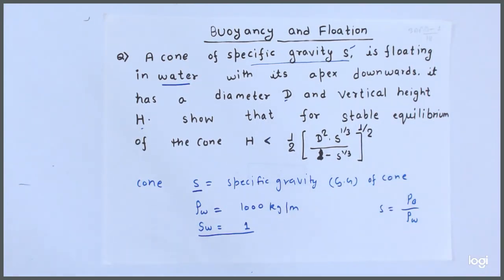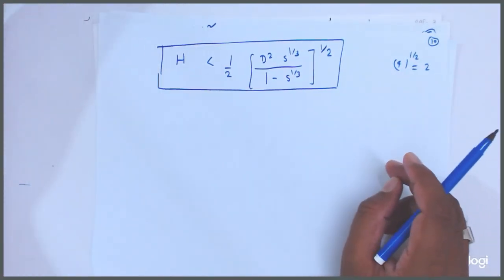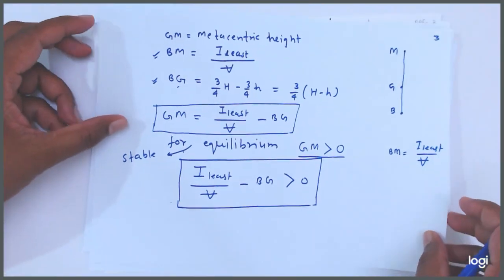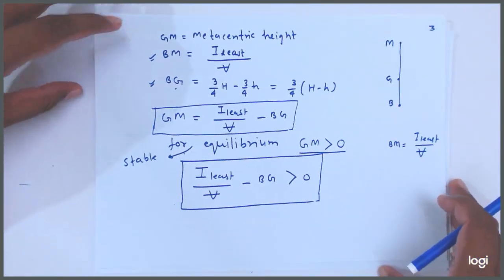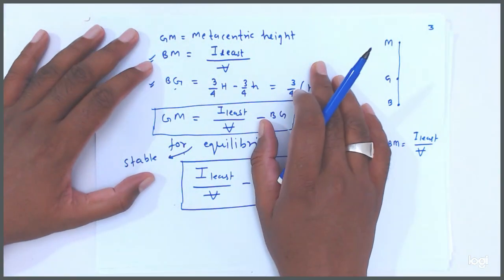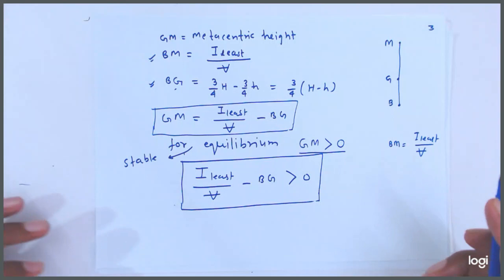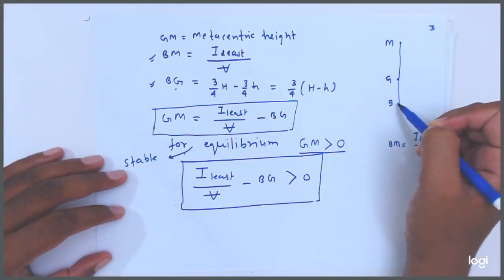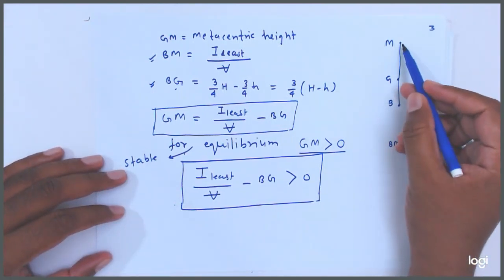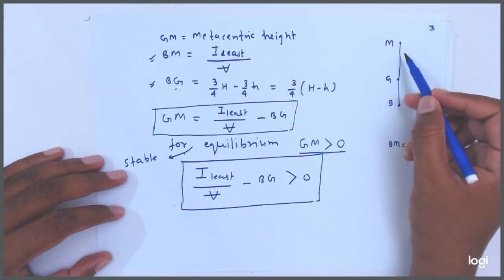Okay, friends, but what is the concept here? The main concept is, friends, I want to repeat once again so that confusion should not be there. The main concept is that here we have to find these terms. Metacentric height is equal to GM.